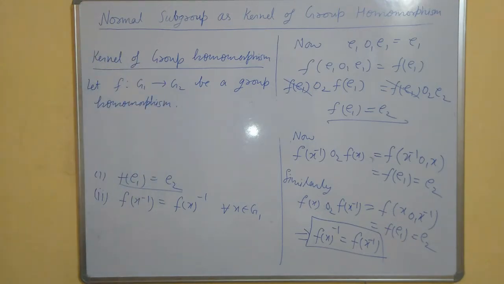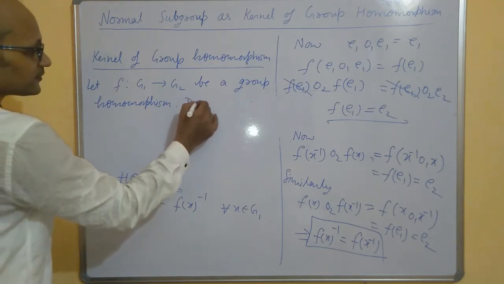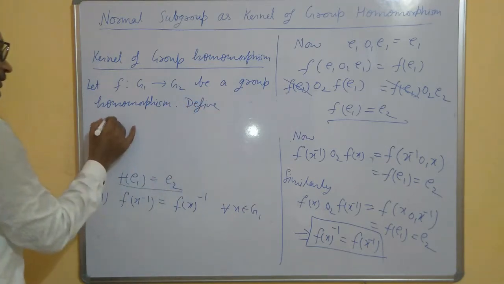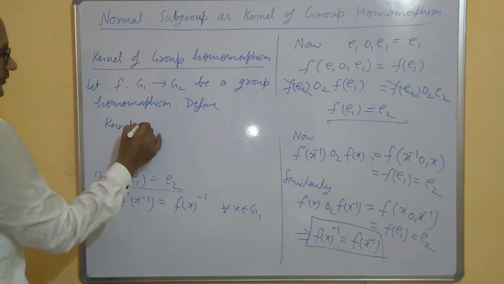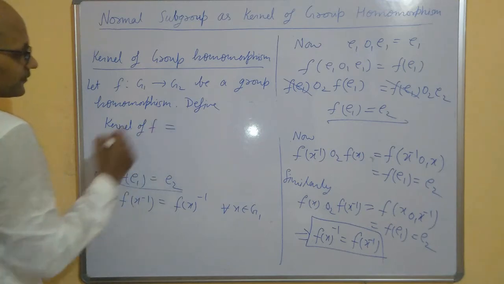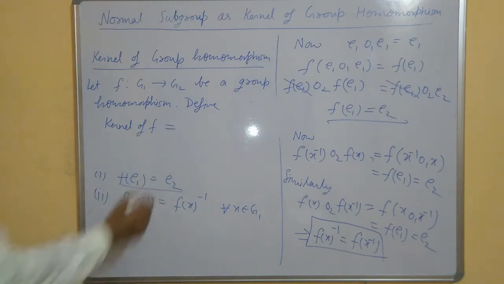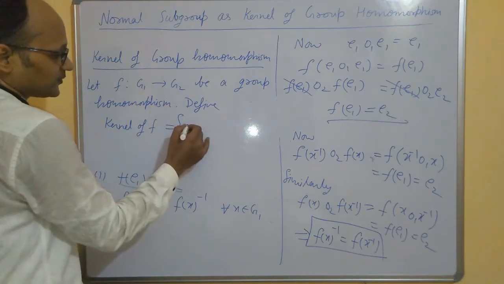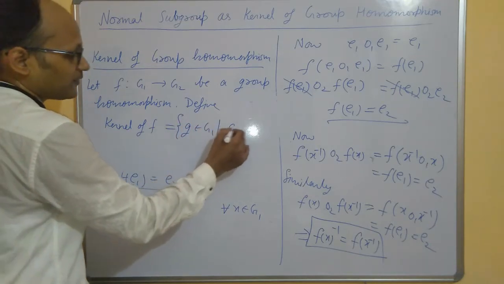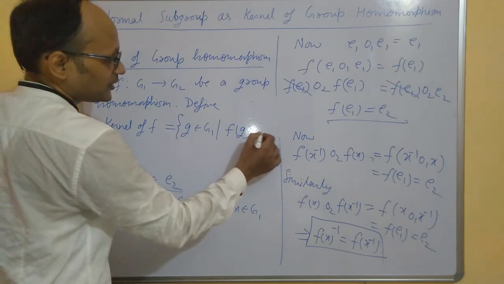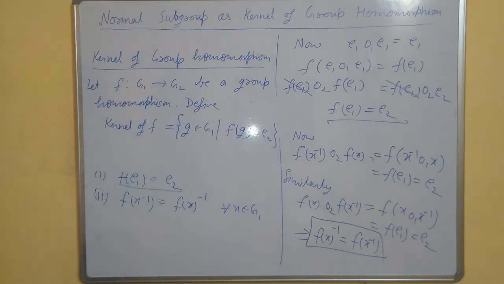Define the kernel of f to be a subset of G1, those g in G1 such that f of g is equal to E2, where E2 is the identity element of G2.